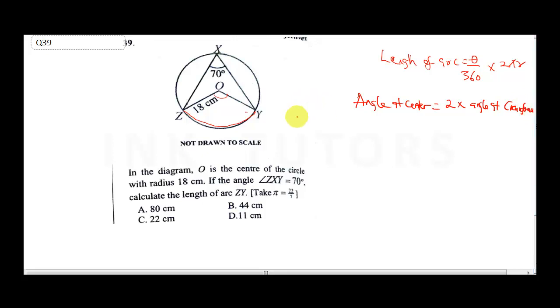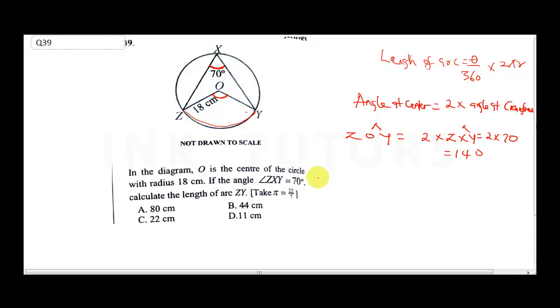It means the angle here is going to be, when you multiply the angle at the circumference by 2, you get this particular angle. So to get angle ZOY, it will be 2 times ZXY, which is 2 times 70, and that gives us 140.